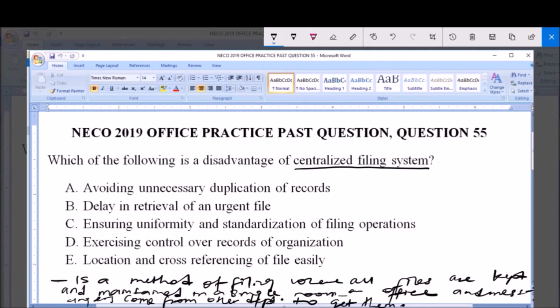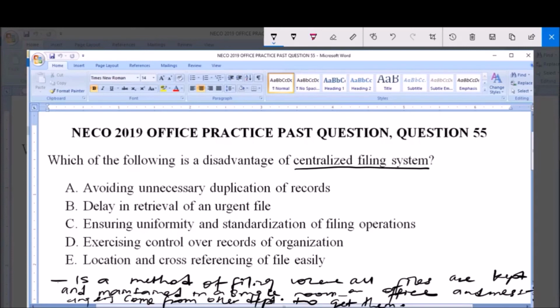So in terms of a centralized filing system, the files are kept and maintained in a single office or a single room. Whenever any member of a different department needs a file, they simply come to this particular office or room to get it.